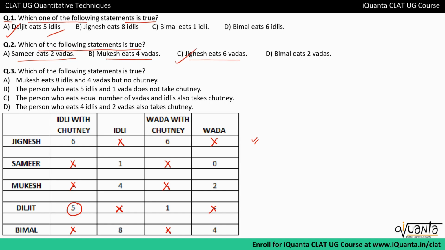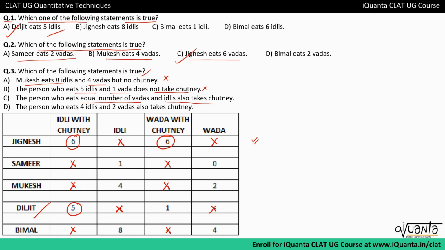The last question is, which of the following statements is true? First, Mukesh eats 8 idlis and 4 vadas. This is completely wrong. The person who eats 5 idlis and 1 vada does not take chutney. That is Daljit, and Daljit is taking chutney, so this is also wrong. The person who eats an equal number of vadas and idlis also takes chutney. Jignesh is the person eating an equal number of vadas and idlis.